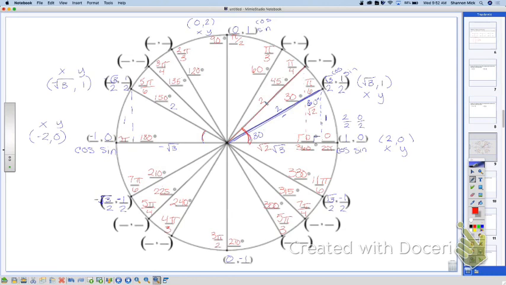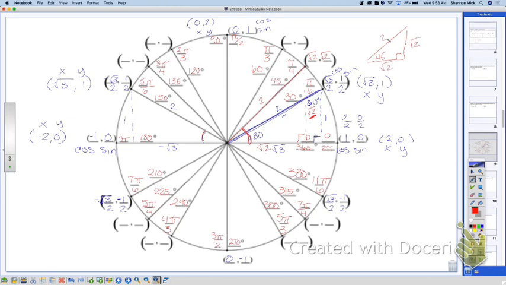Yes. Okay, so now I'm going to do the same thing. My x is what? Square root of 2. My y is what? Square root of 2. Both over 2.